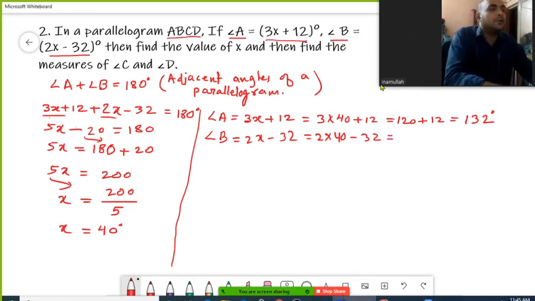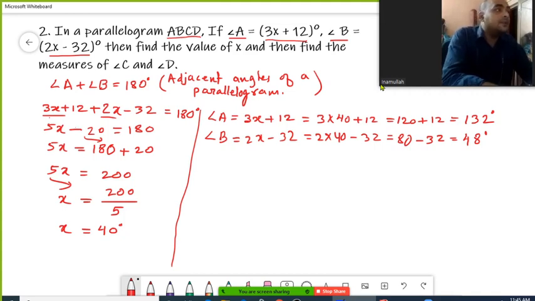So 40 into 2, 80 degree minus 32. So we need to subtract 32 from 80 to get the measure of angle B. That is 48 degree. So angle A is 132, angle B is 48 degrees.